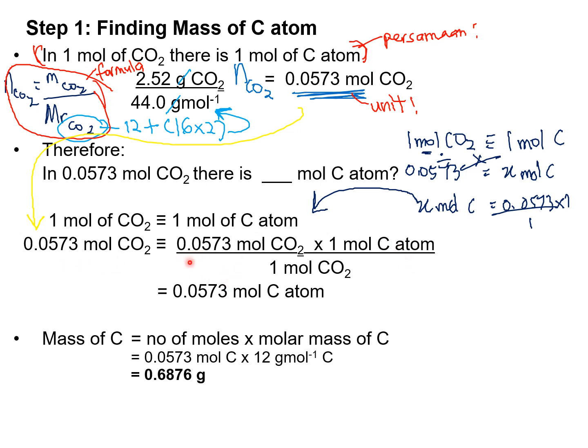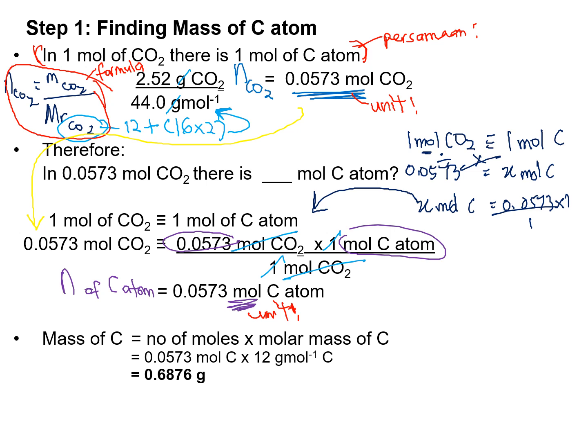So, 0.0573 kalikan dengan 1 mole of carbon atom, bahagikan dengan 1 mole of carbon dioxide. Makanya, mole carbon dioxide ni cancel out dengan mole carbon dioxide. 1 cancel out dengan 1. So, yang tinggal adalah 0.0573 mole of carbon atom. So, kiranya number of mole of carbon atom is 0.0573 mole. Okay, again, unit jangan lupa.